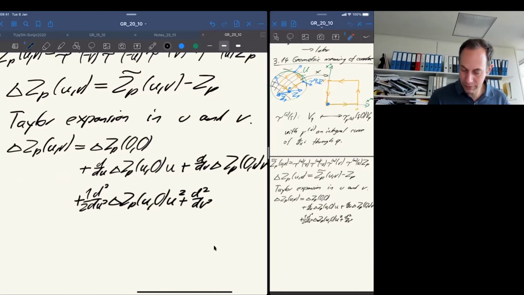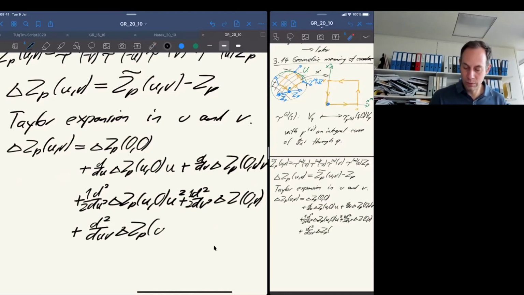So there's a 1/2 in front of these square terms because I'm already in second order. And here is delta 0v. There's also a mixed term, and this is actually the only term that will be interesting, as I will just explain. So I take the derivative in both directions of u, v.